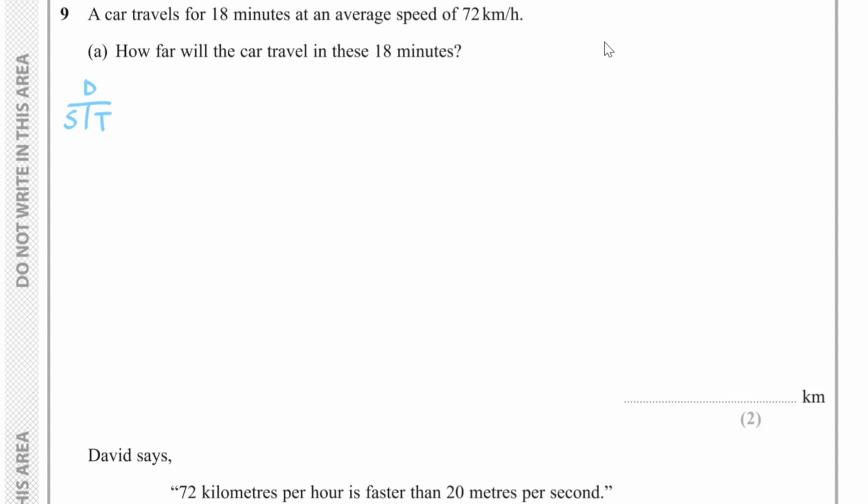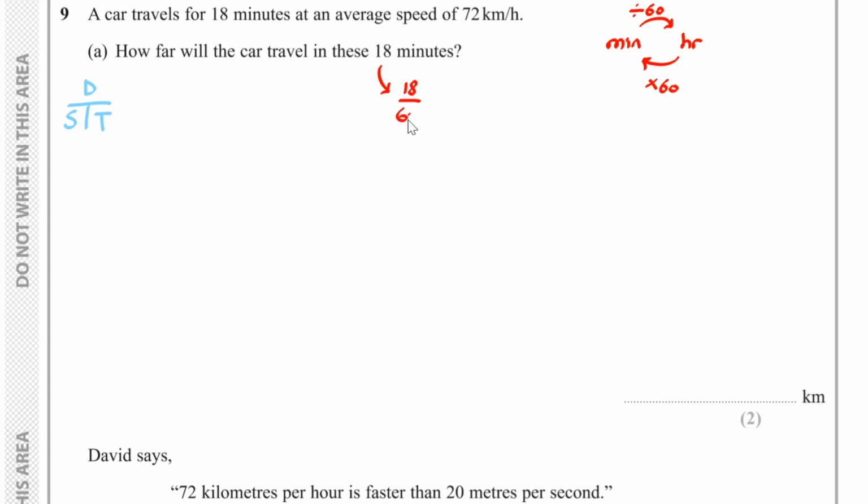To convert from minutes to hours, we divide by 60, and to go from hours to minutes, we multiply by 60. So 18 minutes, we divide 18 by 60.